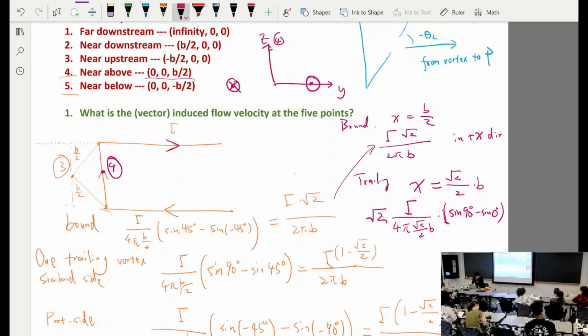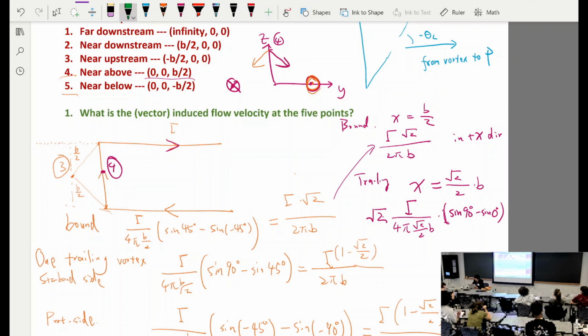This vortex goes towards you, so let me use a different color. For this vortex the velocity goes like that, and for this vortex, which goes into the board, the velocity goes like that.